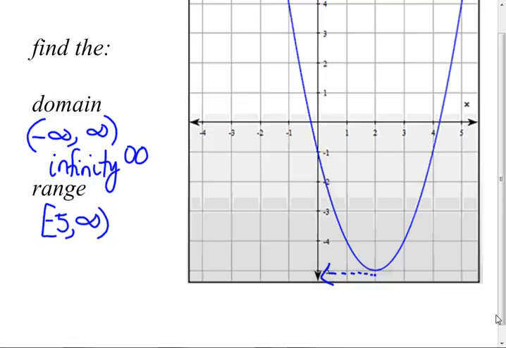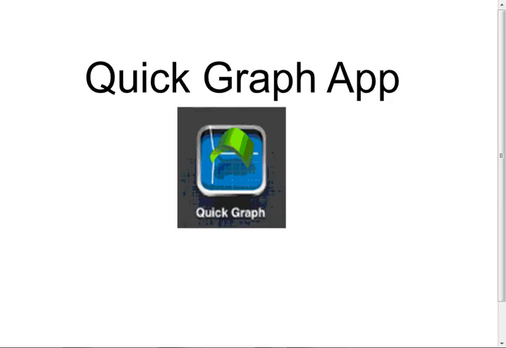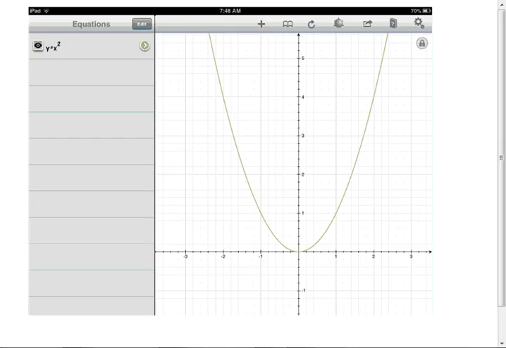Okay, ready? We have the quick graph. Now, how do you add an equation? Press the plus key up here, and then if you want to do y equals, it will say y equals.